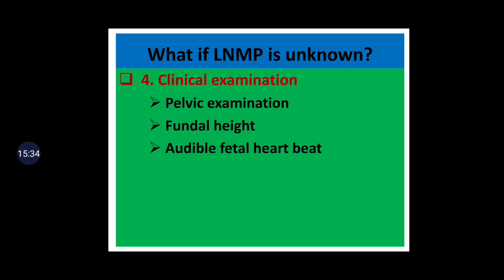Fetal heartbeat is heard with Doppler ultrasound starting from 10 weeks and with a non-electronic fetoscope at 20 weeks. HCG pregnancy test: serum as well as urine HCG pregnancy test is positive starting from 4 to 6 weeks. So after knowing the gestational age at a specific date, you can calculate the EDD from that.